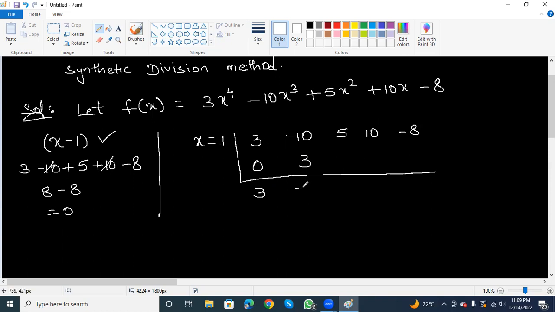Minus 10 plus 3 gives minus 7. Minus 7 into 1 is minus 7 again. 5 minus 7 is minus 2. Minus 2 ones are minus 2. 10 minus 2 is 8. 8 ones are 8. Minus 8 plus 8 gives 0. This is our remainder.